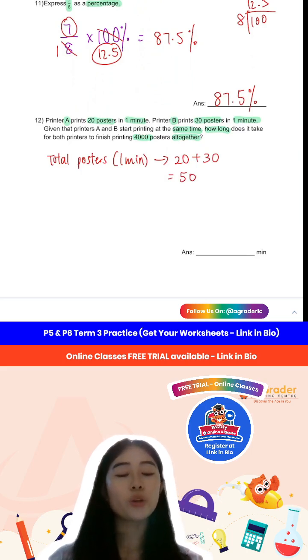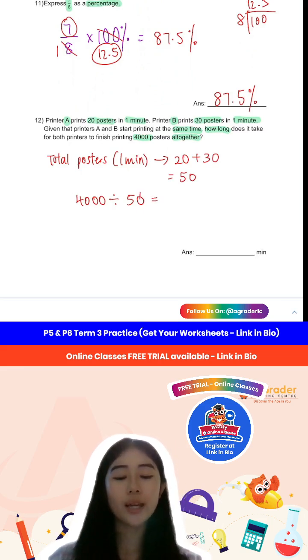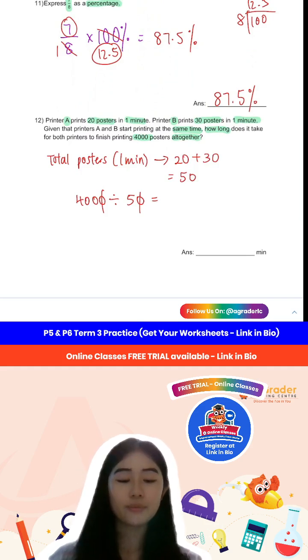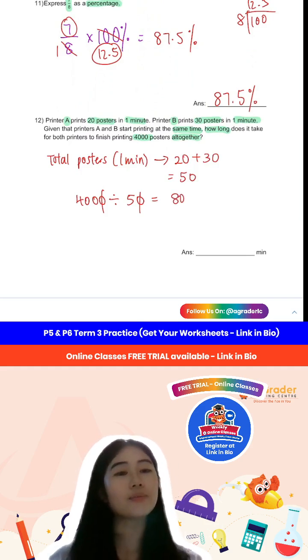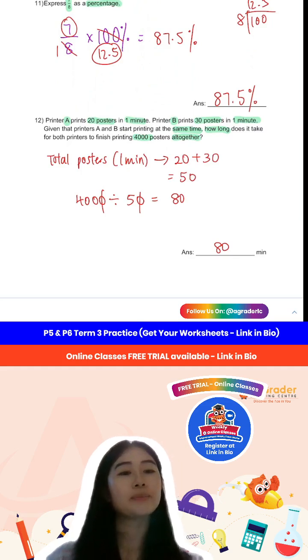So if you want to print 4,000 posters, the next step is to use 4,000 posters divided by the 50 posters per minute. Now, how do you divide this? You can cancel the zero. So you just need to use 400 divided by 5. Then you get 80 as the answer. Most of you got it correct. 80 is the correct answer.